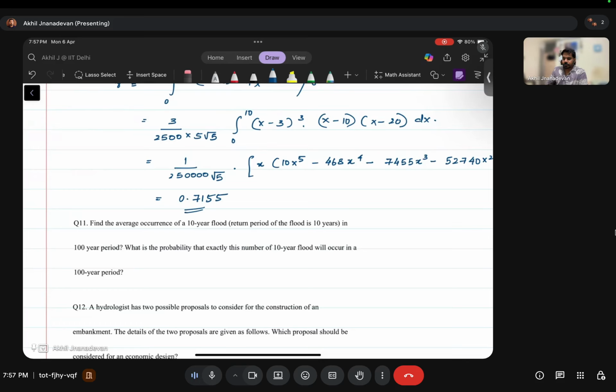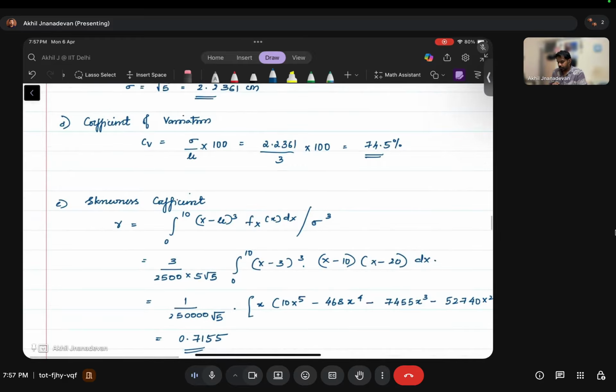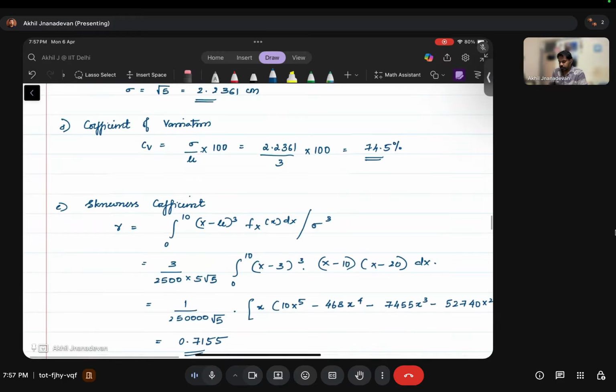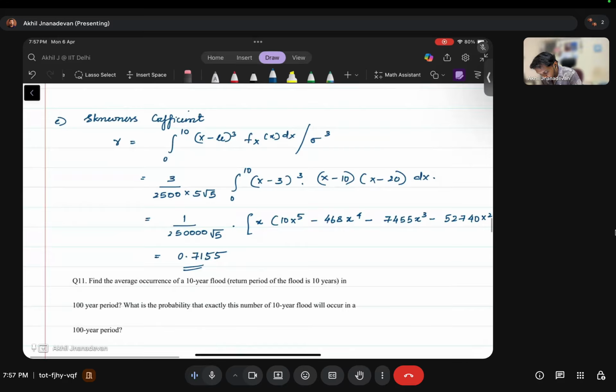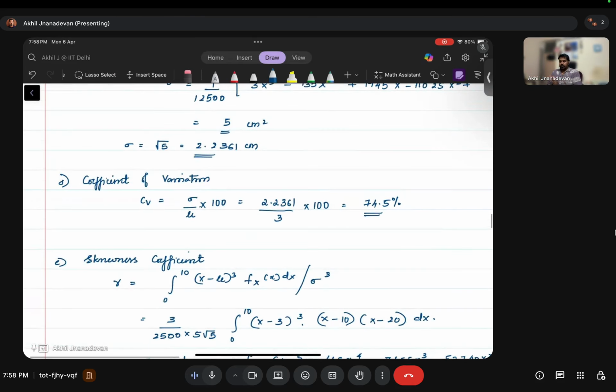So this is the coefficient of skewness. Here also, gamma is greater than 0, so it is positively skewed. Okay, so this is how we find the descriptive statistics if you are given a continuous random variable and its corresponding PDF, right?